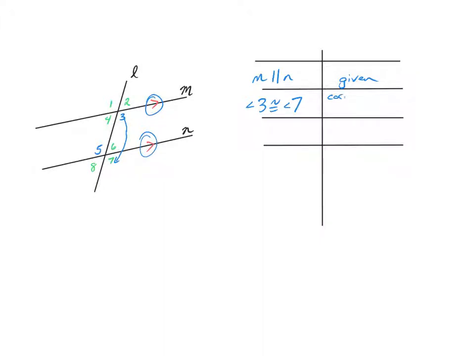Corresponding angles. Cool. And then now, can you relate angle 7 to angle 5? I hope so. I hope you realize that just like the last, that is a pair of vertical angles. So angle 7 is congruent to angle 5 thanks to that vertical angle theorem.